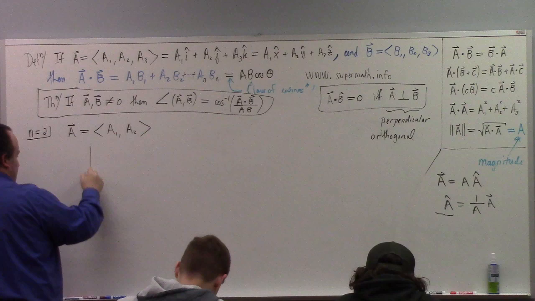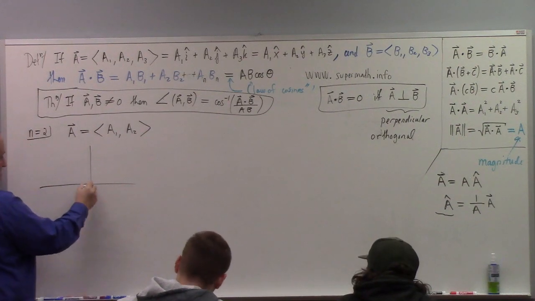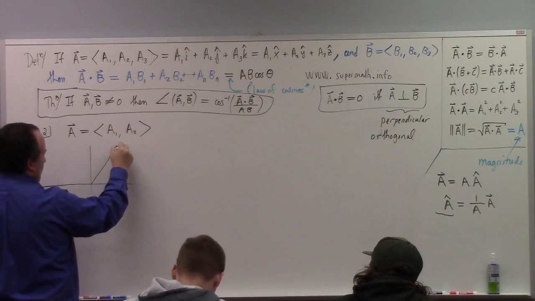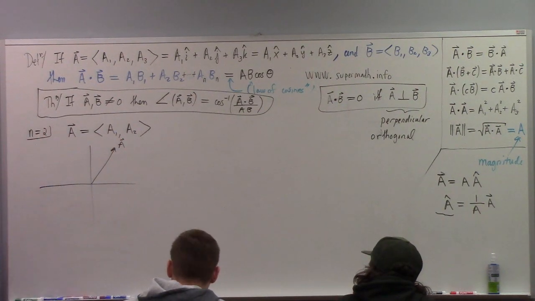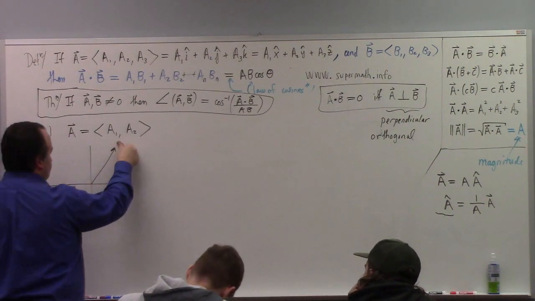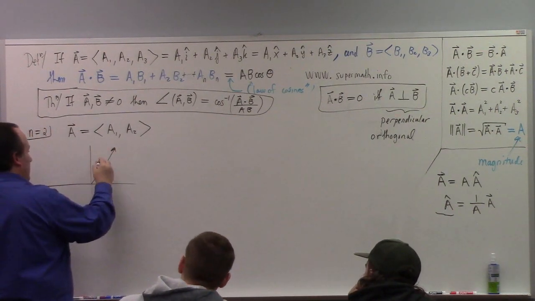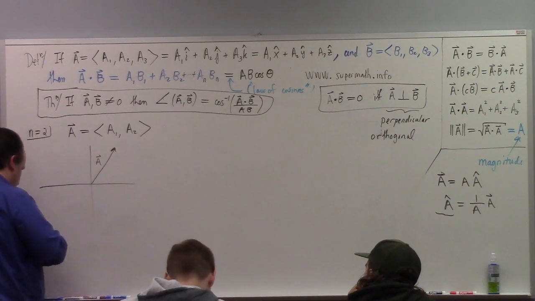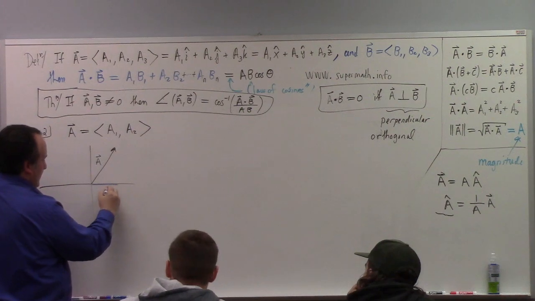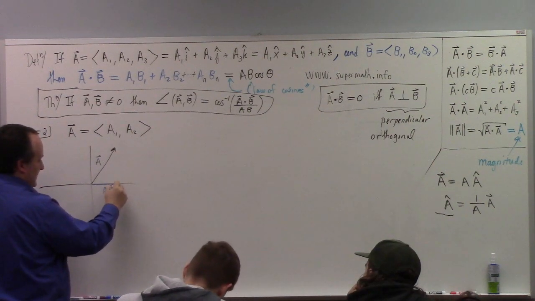If I draw a picture of that, like this, say, then you guys tell me, if I look here at this piece, that's what? That's A1, right? That length is A1.